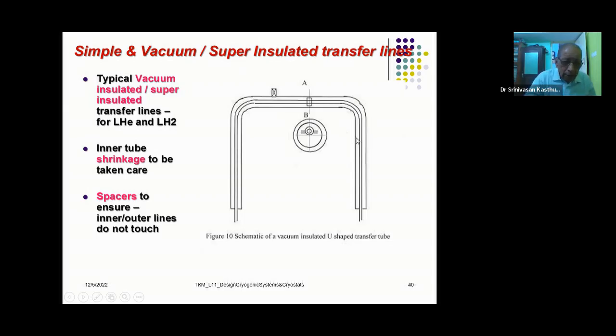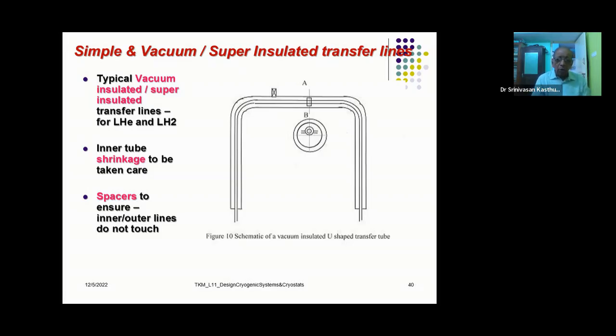Next, the shrinkage of the inner tube with respect to the outer line has to be taken care of, because these two ends are welded. So obviously there is going to be a shrinkage. It should be taken care of such that when it shrinks, the piping is all centered, one into the other. Particularly, the inner and outer lines should not touch.